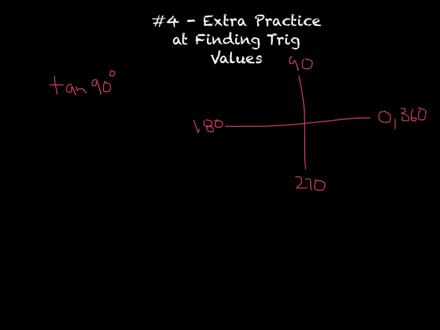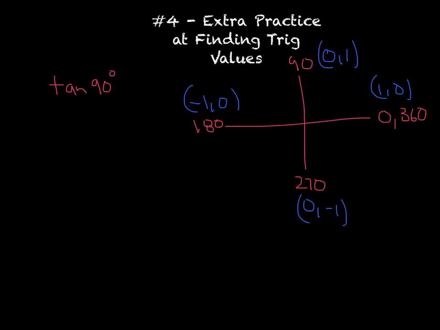All right? Now, 90 is not in a quadrant. It is on an axis. So, for these, you really just need to memorize the coordinates of all these, right? Coordinates on the unit circle. 1, 0, 0, 1, negative 1, 0, and 0, negative 1.